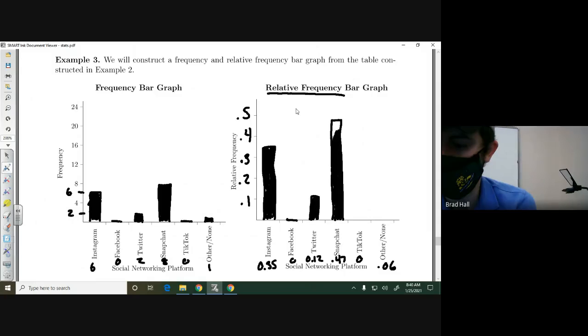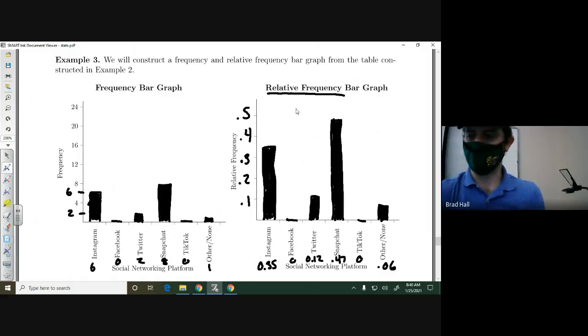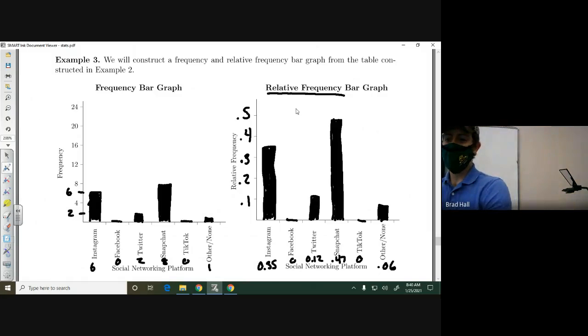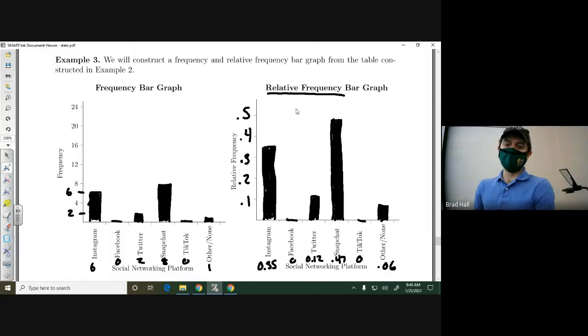TikTok 0, and then 0.06, so maybe a little bit close to 0.1, but maybe that's too close, but it's fine. Does anyone notice somewhat of a similarity between these two graphs?